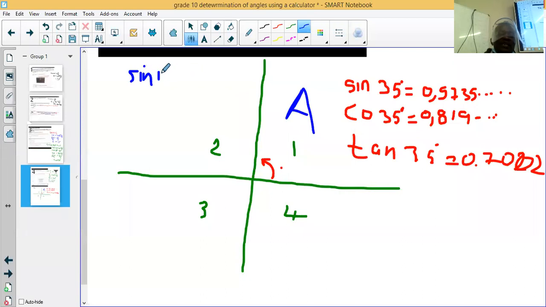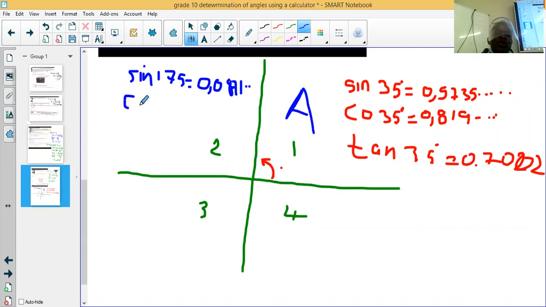Sine 175 and see what we get. 0.0871. Right. Now, is it positive or negative? Positive.